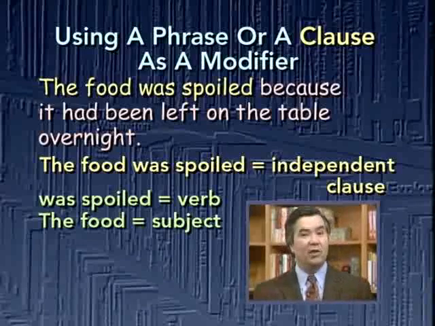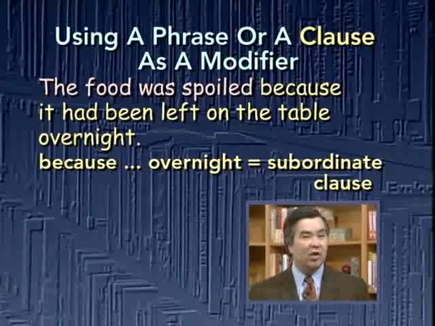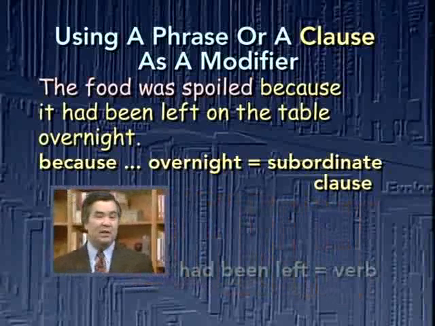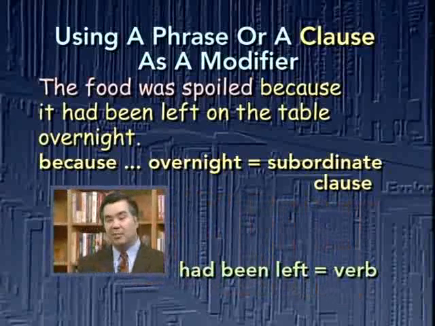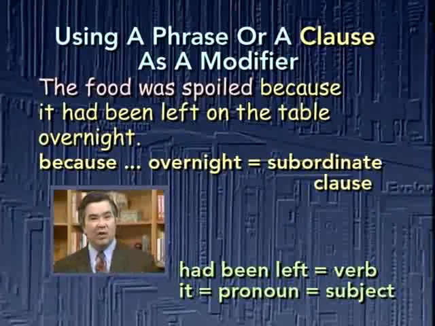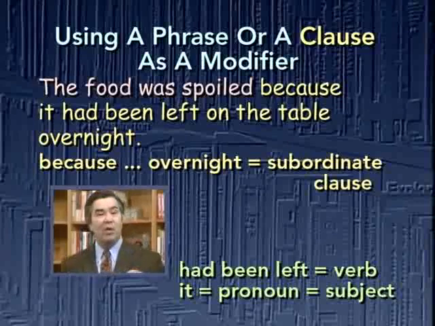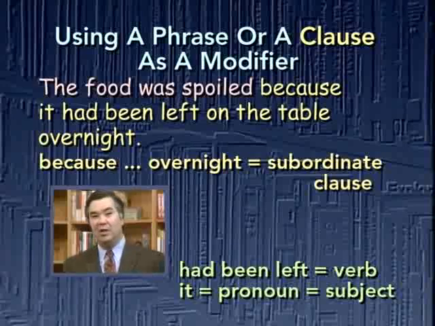But then we have another clause. Because it had been left on the table overnight is also a clause. It also contains a subject and a verb. The verb is the phrase had been left, and the subject is the pronoun it. Because it had been left on the table overnight is a clause, but it can't stand alone as a sentence. That word at the beginning, because, turns it into a subordinate clause.